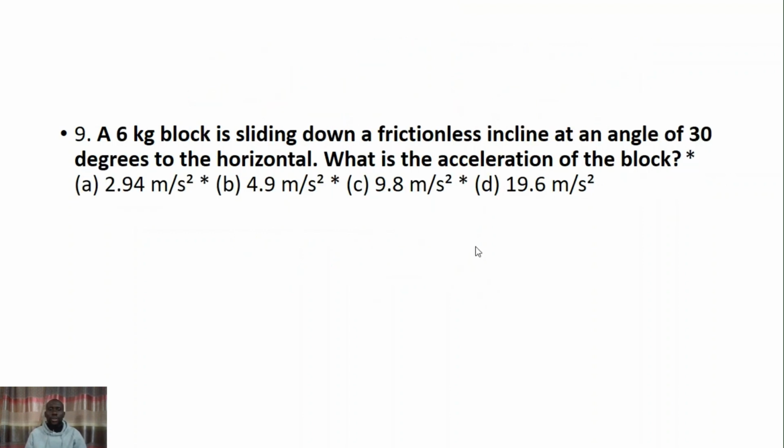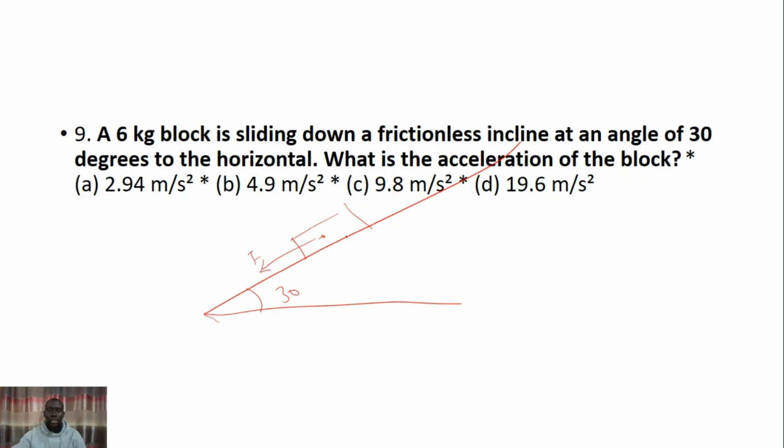A 6 kg block is sliding down a frictionless incline at an angle of 30 degrees to the horizontal. What is the acceleration of the block? Let's say this is an inclination at 30 degree. They say a block is sliding down like this, right?